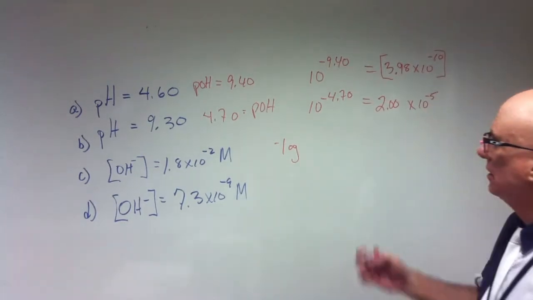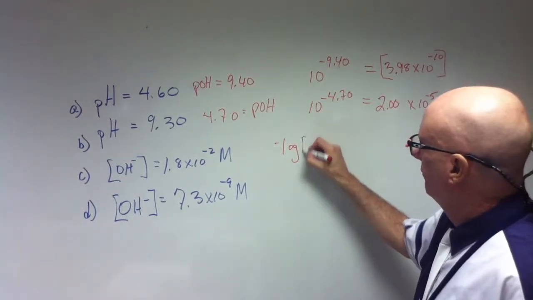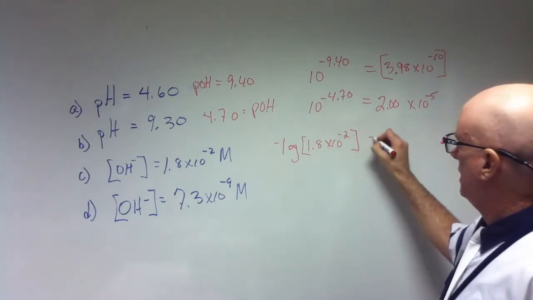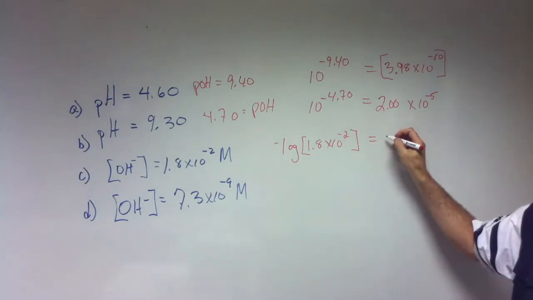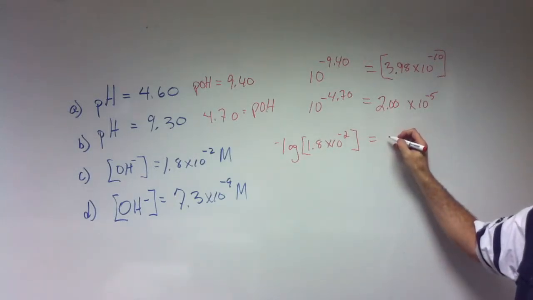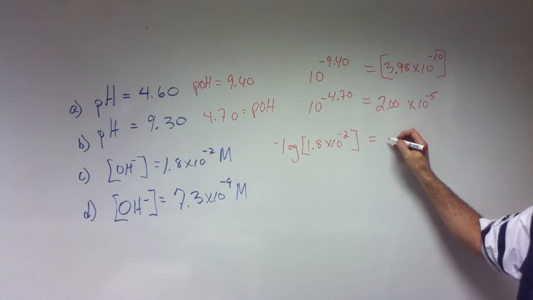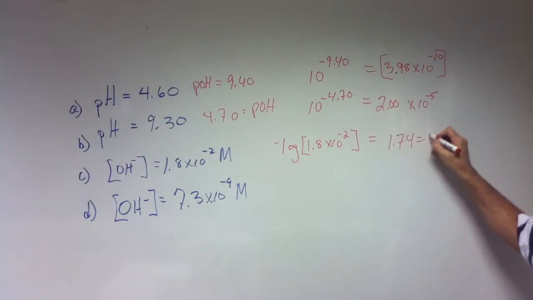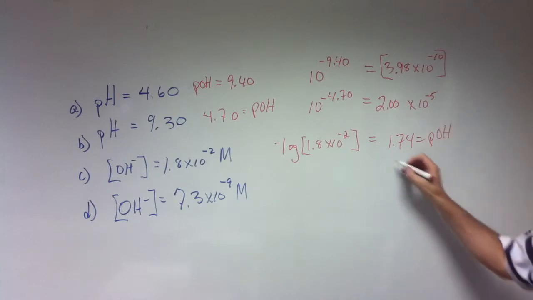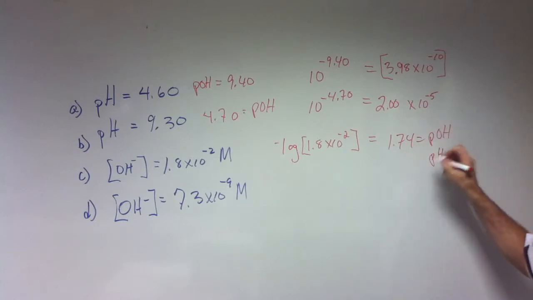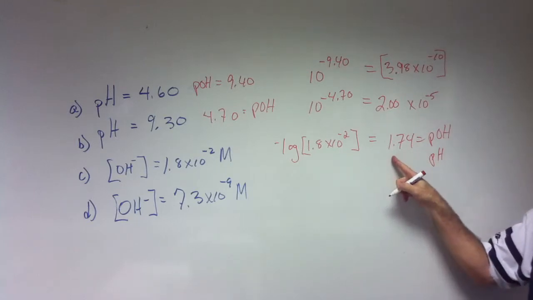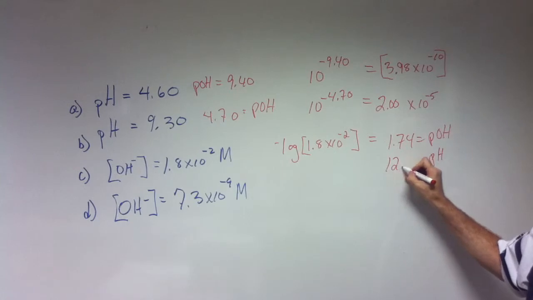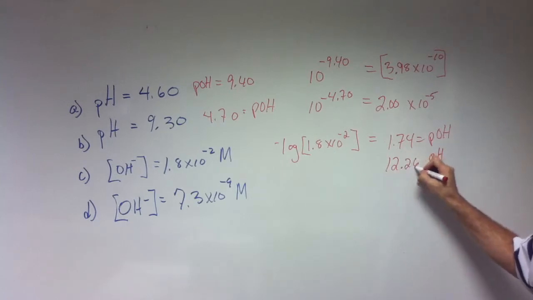The negative log of 1.8 times 10 to the negative, equals what? 1.74. And that's going to be the pOH, correct? And the pH would be what? So I'd say 14 minus that, and that's going to be 12.26. Okay?